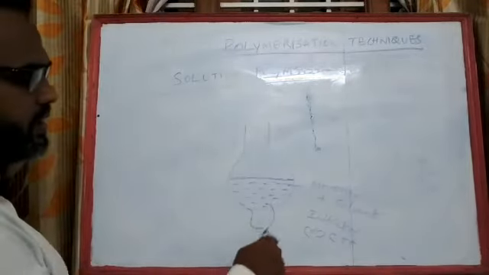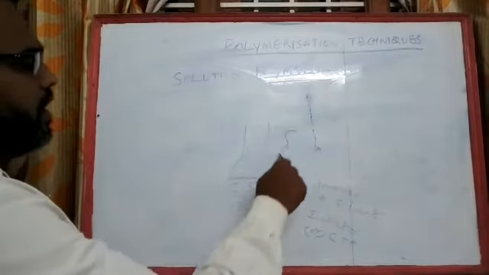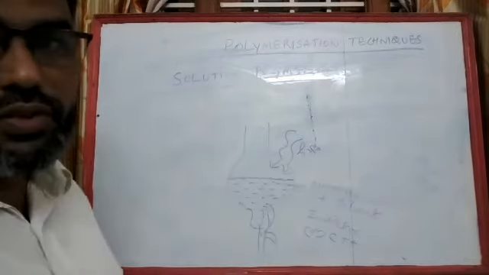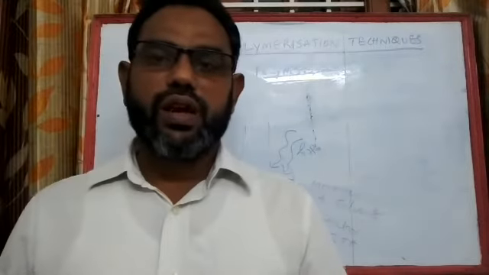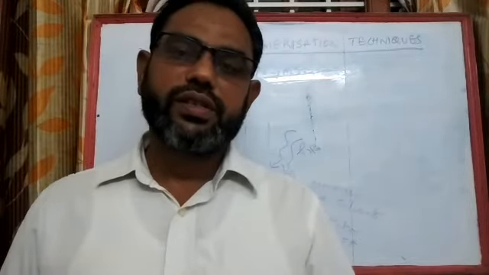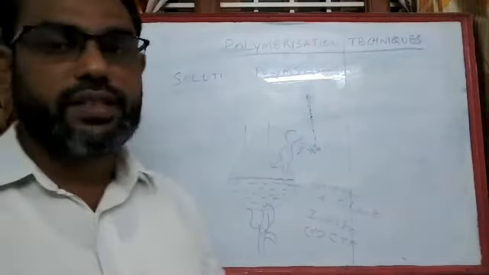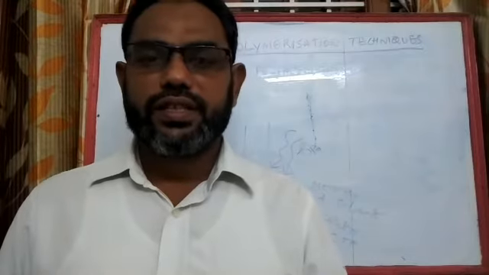Once this mixture is made, the reaction is either initiated by heat or you can irradiate the monomer. So the reaction proceeds. The advantage of solution polymerization is that the heat dissipation is diffused.